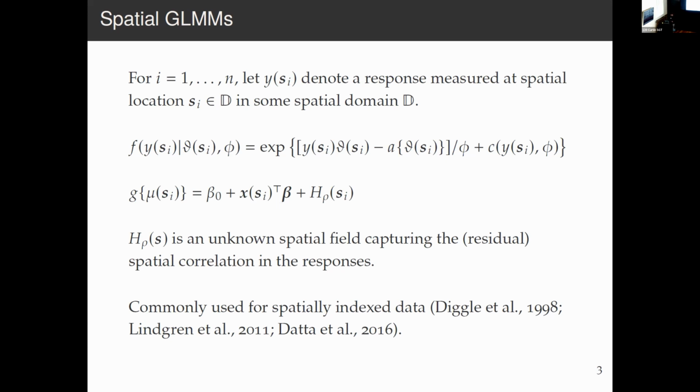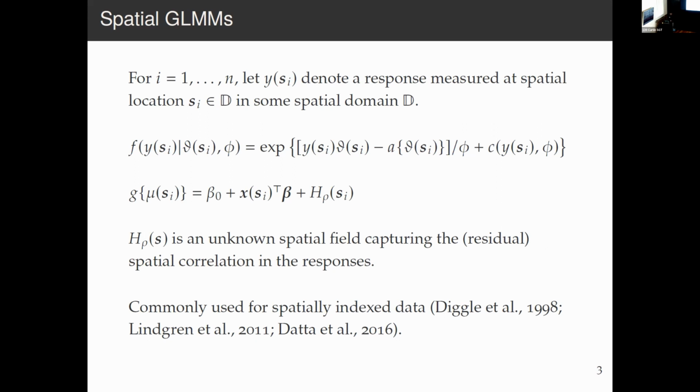Basically we have these covariates, and we link them with the conditional mean of Y, which we denote as mu, through some link function g. Finally, this h of rho here is just some unknown spatial field that captures the residual spatial correlation in the responses.